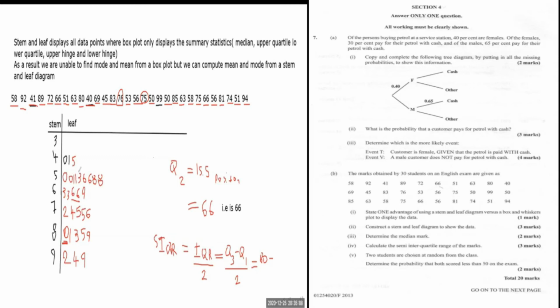So this is what I'm getting for Q1. Q1 is 53. So the semi-interquartile range is 80 minus 53 over 2, which is 13.5.